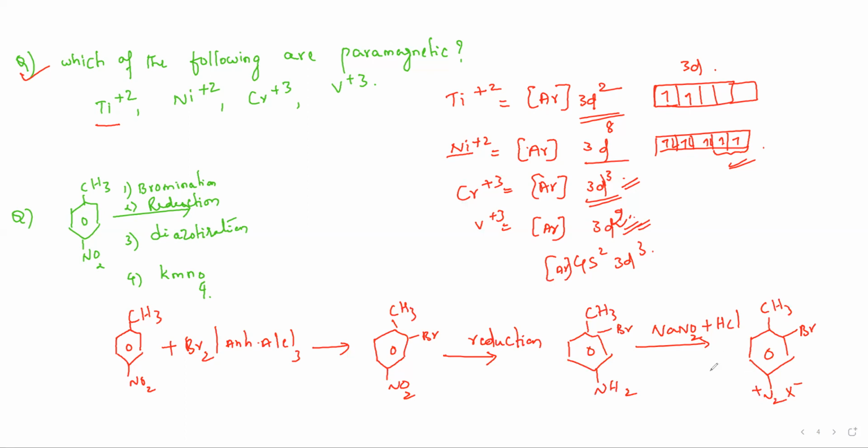Further, if we use ethanol or H3PO2, it will be converted into substituted benzene, which is this: CH3 and Br. Then KMnO4 undergoes strong oxidation and gives bromobenzoic acid.